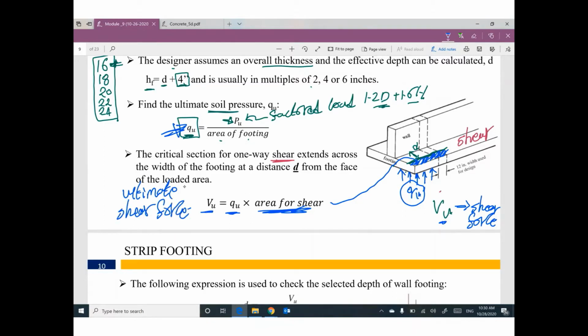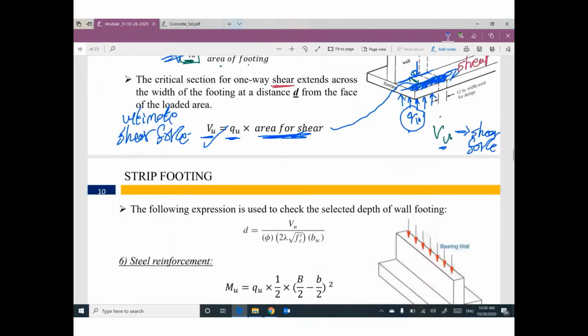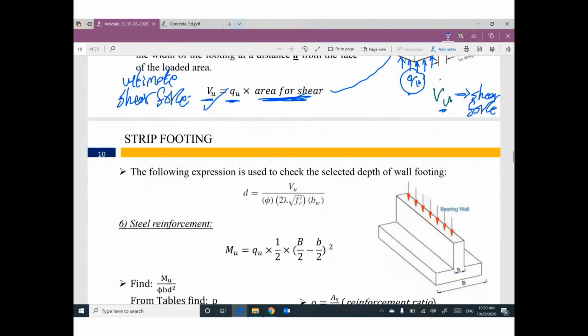Remember, it's a good question in the PE exam. Where is the critical section for shear in footing? At distance D from the face of the wall. So at this location, I will draw a line. The remaining area of footing times Q ultimate is the ultimate shear force. This ultimate shear force, by this expression, will give you a depth.